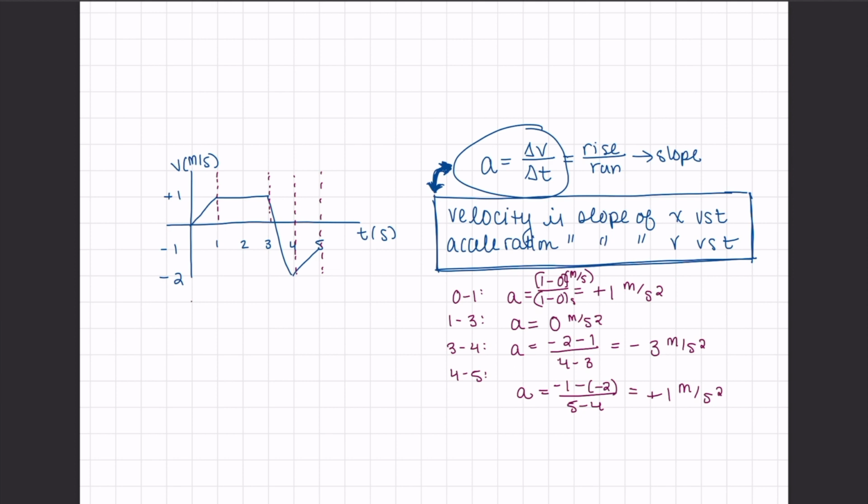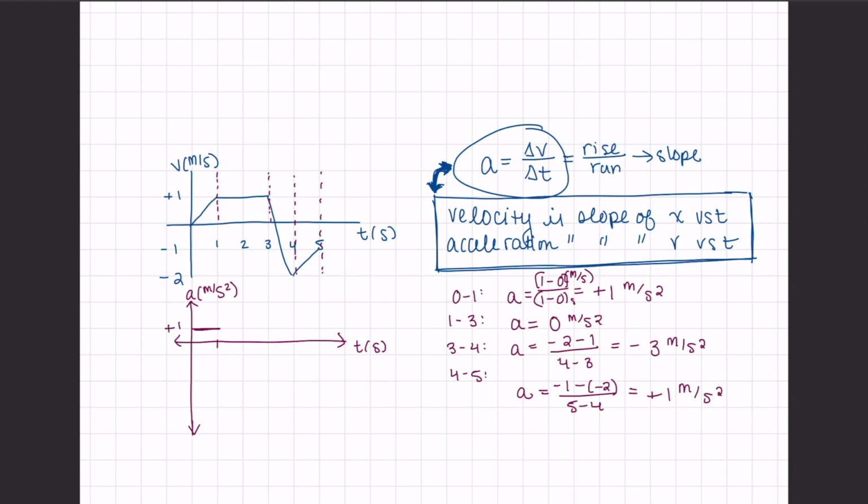So let's see. I'm going to draw this with this 0 here. So we've got t, and a in meters per second squared. From 0 to 1, we're at, call this +1, I guess.